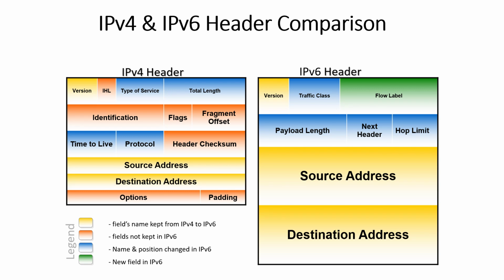In terms of error checking, IP version 4 has a header checksum, whereas IP version 6 does not. It relies on transport layer protocols for error checking. The IP version 6 header is designed to be simpler and more efficient for routing and processing compared to the IP version 4 header.